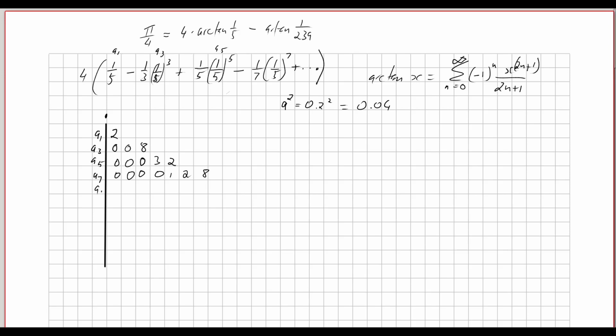And for A9, again it'll be 4 times 128, which is 512, so 0.000512, and so on and so forth.